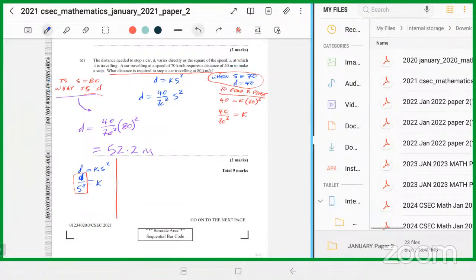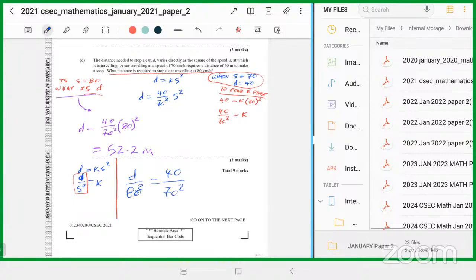So this pair would be D over 80 squared, the distance over the speed squared, and it will be equal to the distance over the speed squared for this pair, which is 40 over 70 squared.